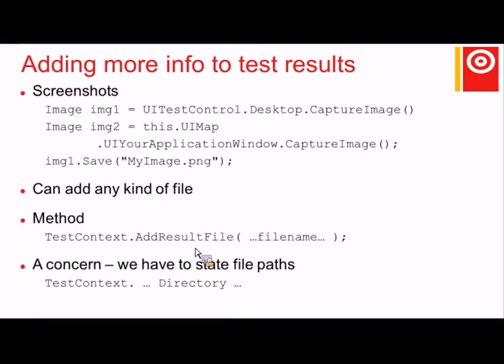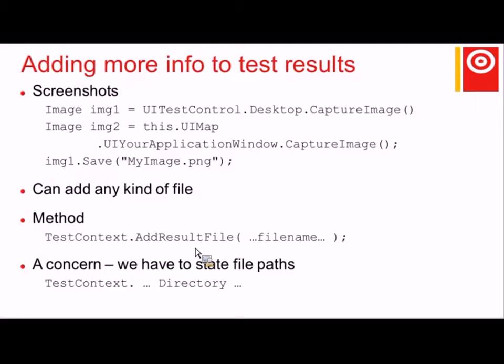So we could write data into files which we open and close at that level. And then within our tests, or perhaps within the cleanup routines, we can call TestContext.AddResultsFile and name the file we've just created to store that in with the results.